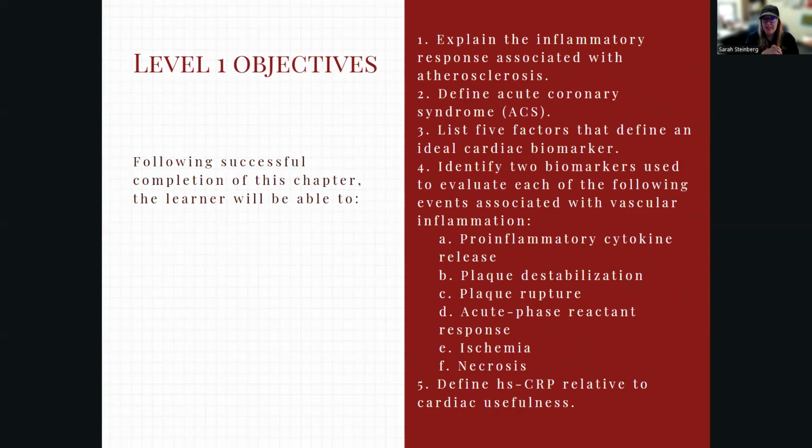Level 1, so following successful completion of this chapter, the learner will be able to explain inflammatory responses associated with atherosclerosis, define acute coronary syndrome, ACS, list 5 factors that define an ideal cardiac biomarker, identify 2 biomarkers used to evaluate each of the following events associated with vascular inflammation, A through F. Define high sensitive CRP, or hsCRP, relative to cardiac usefulness.